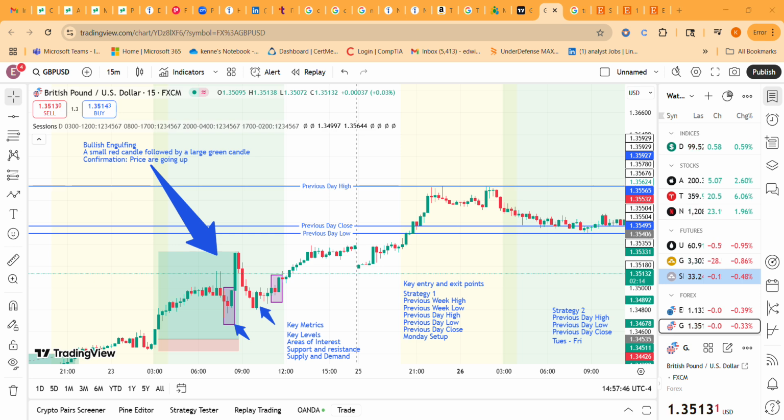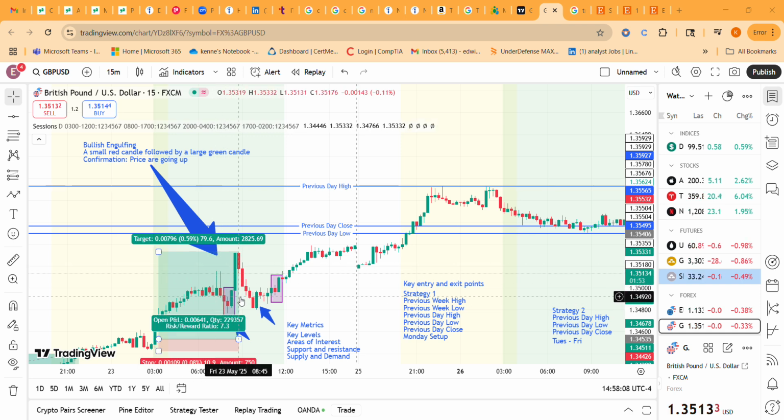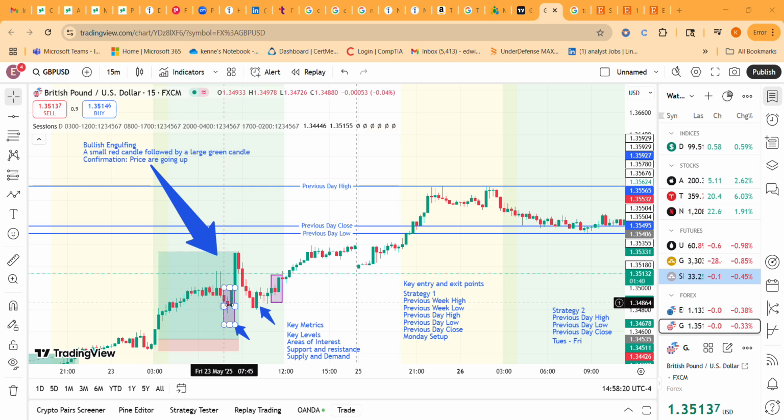I'm going to start with the bullish engulfing, right? So how do you identify a bullish engulfing? Whenever you see a smaller red candle that has formed completely, and then you see a larger green candle, it simply signifies that the larger candle is engulfing the red candle.